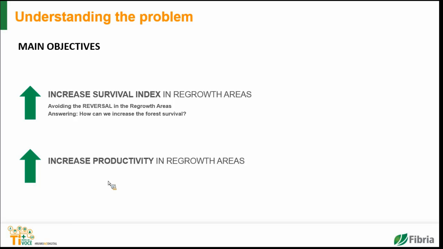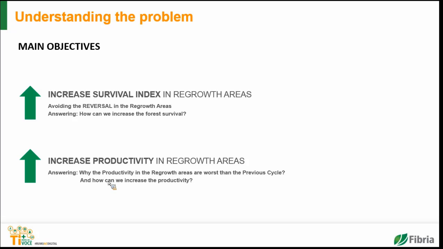And the second focus of the project is the second target that we're going to treat in the predictive model, which is to increase the productivity. So we're going to build a model that can see all the characteristics that, working together, can contribute to increase the productivity, having the productivity as a target.